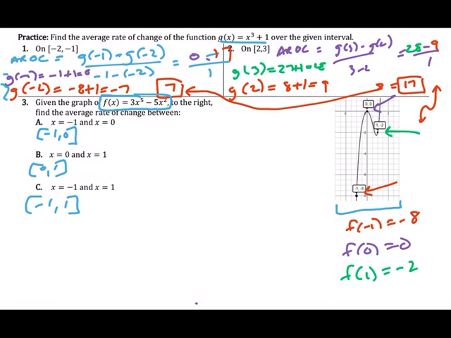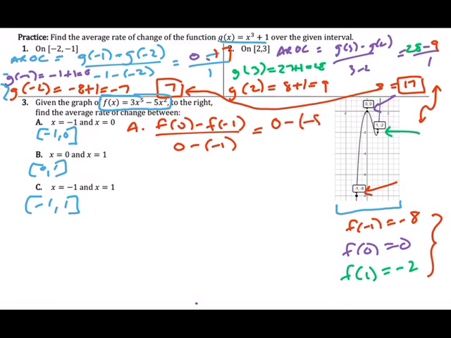So looking at part A, we want f of 0 minus f of -1 over 0 minus -1. So the denominator is just going to become 1. Let's use our function over here, these values. f of 0 is 0, so 0 minus f of -1 is -8. So the average rate of change here on A is going to be 8.